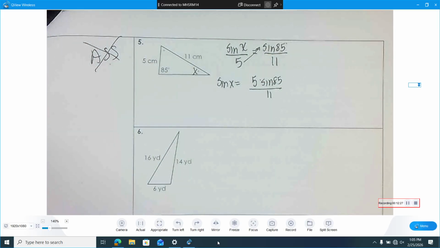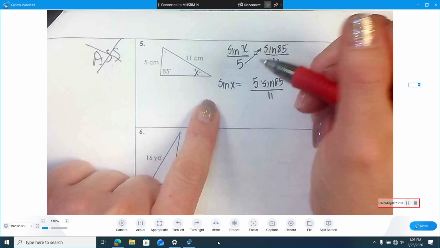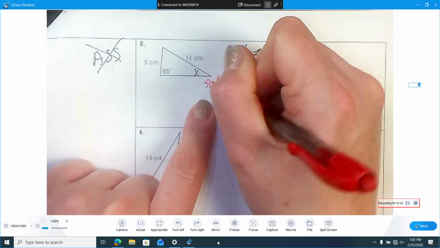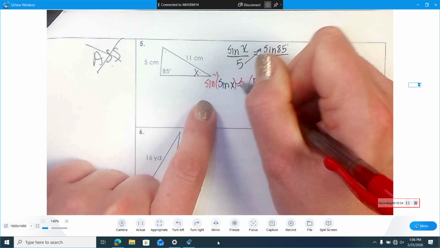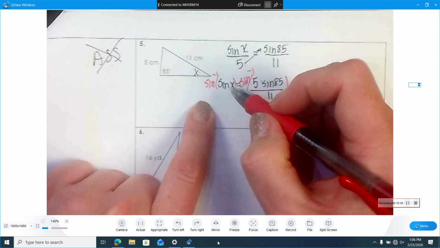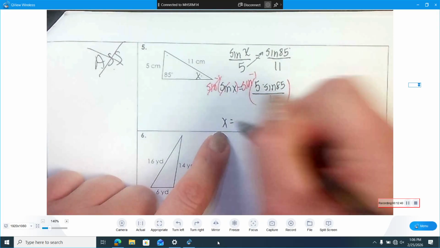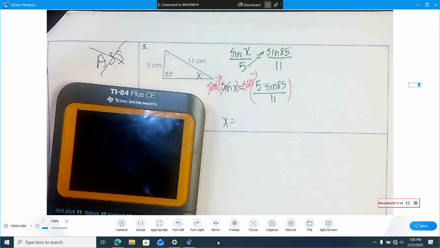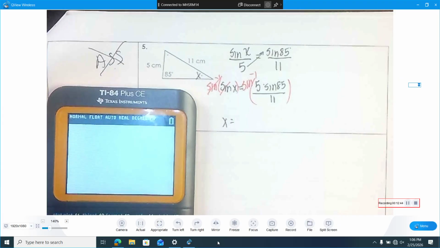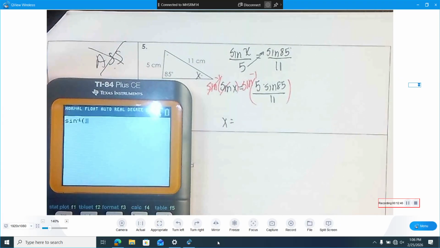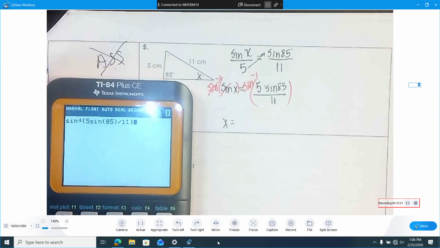And then how do I free the x? Inverse sine, on both sides. Sine inverse and sine cancel each other out. So I get a value for x of sine inverse of 5 sine of 85 over 11.